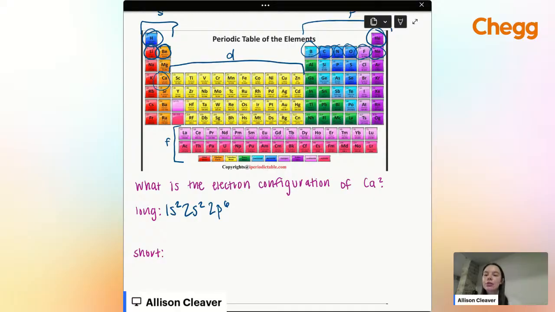So then we're going to go to sodium and magnesium, which is our 3s2, because we're now at that third row of S. And there are 2 electrons. And then we have aluminum, silicon, phosphorus, sulfur, chlorine, and argon. So that is 3p6 because there are 6 elements, 6 electrons covered.